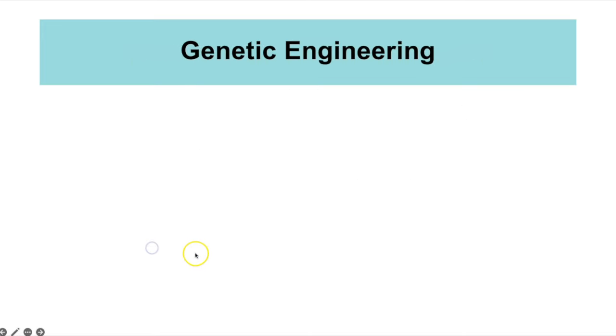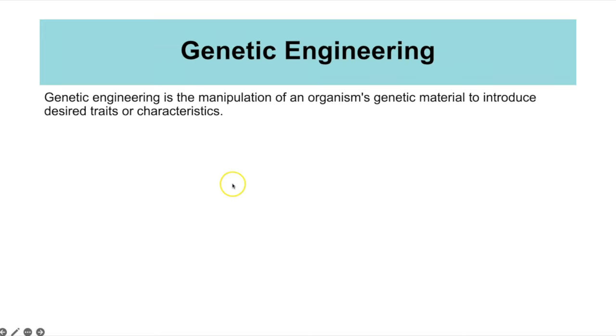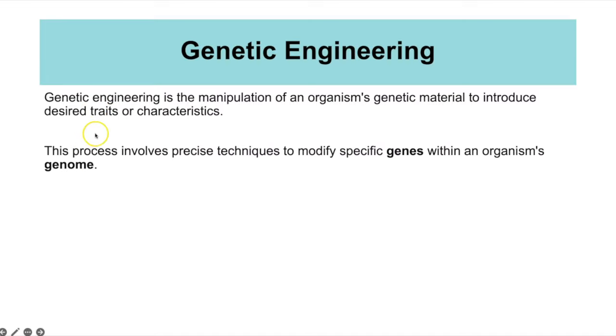Genetic engineering is the manipulation of an organism's genetic material, introducing a new gene, and therefore causing that organism to code for a protein that results in the desired traits or characteristics.